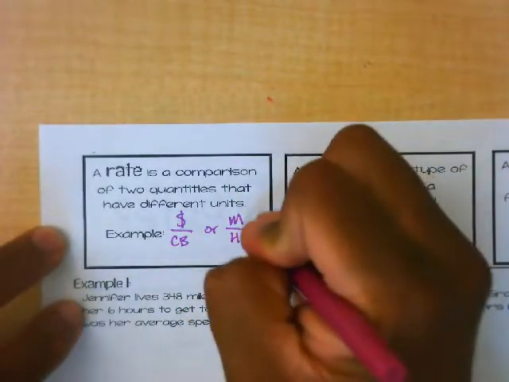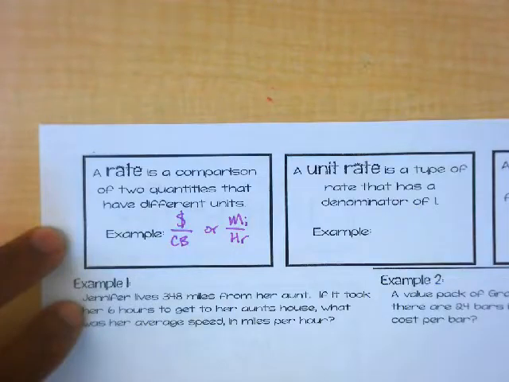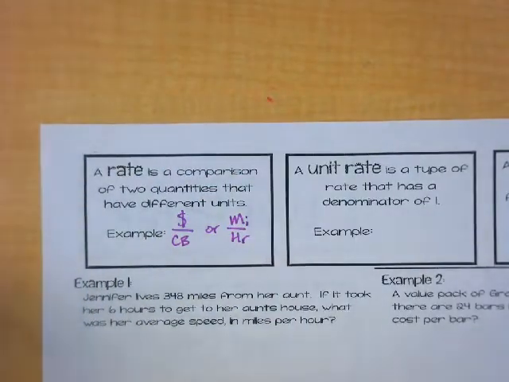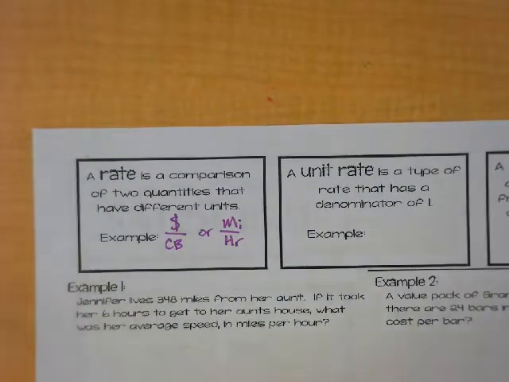And so a rate is just a comparison between two quantities with different units: miles, hours, dollars per gallon, dollars per square foot or whatever the case is.